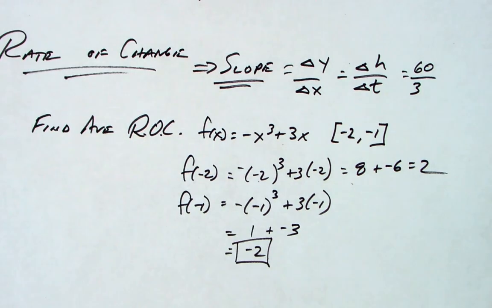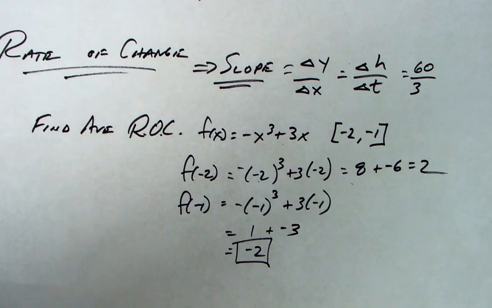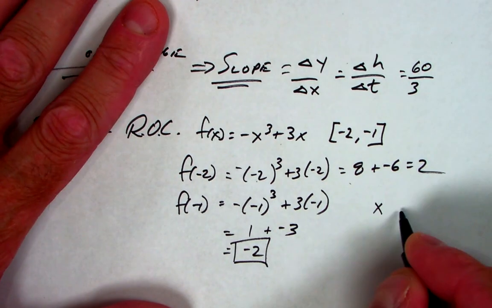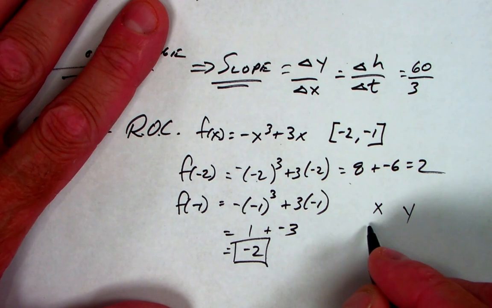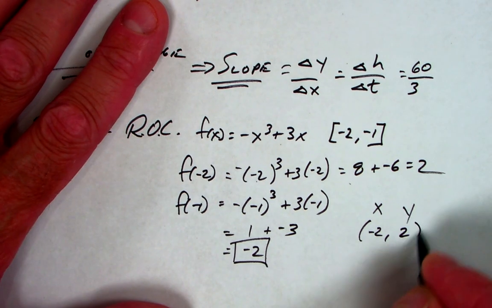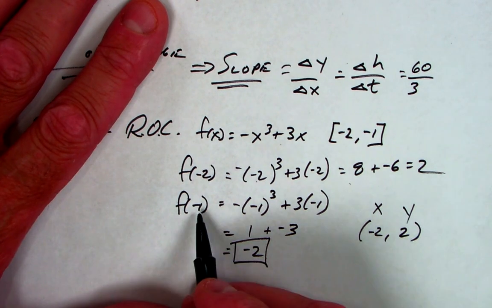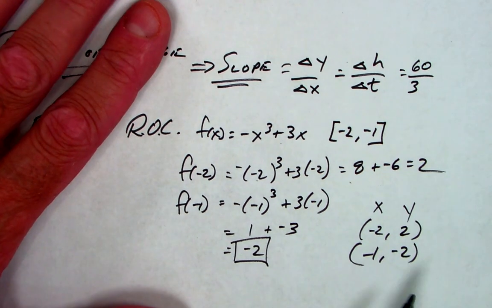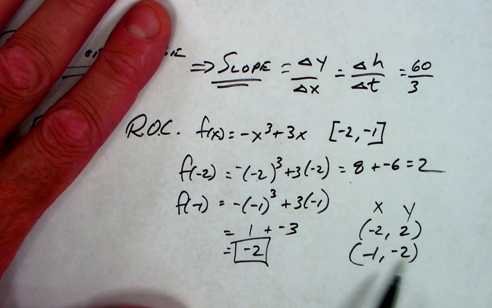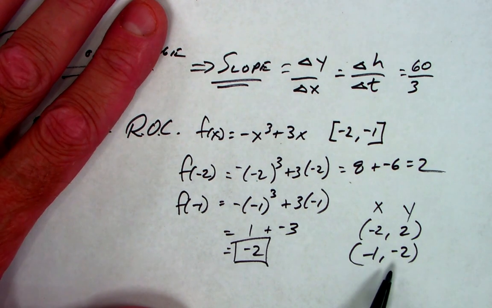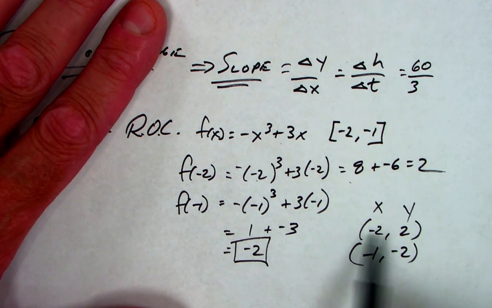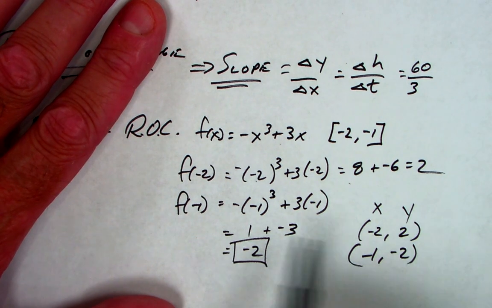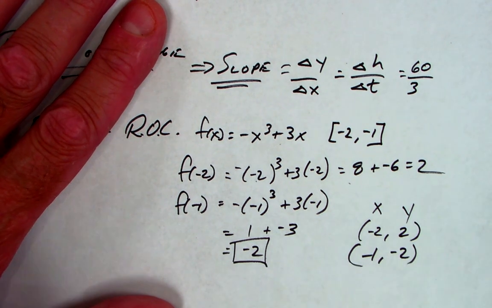So here's the thing. Let's turn this into something you've done before. My x and my y: -2, 2, and then -1, -2. Do you agree that these two points are correct, because I plug in -2 and get out 2, and I plug in -1 and get out -2?